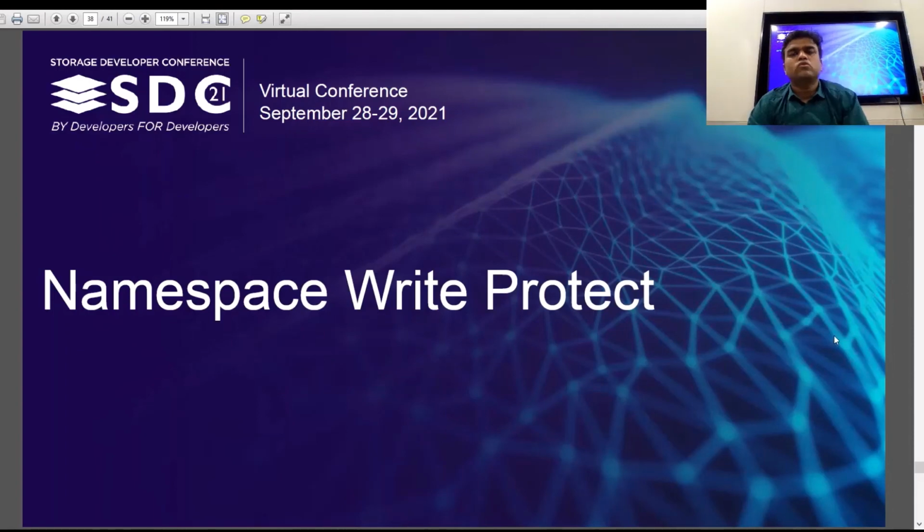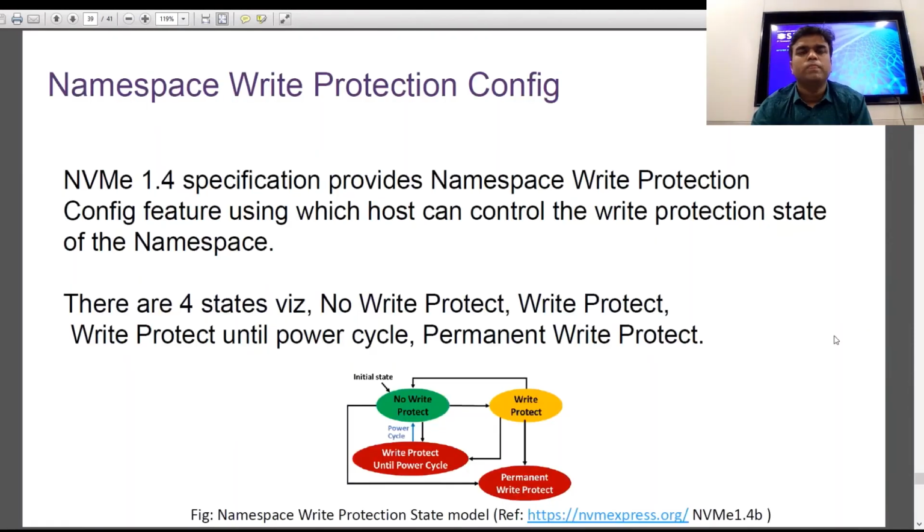Let's talk about the namespace write protect feature now. NVMe 1.4 talks about a new feature, a new FID, which is namespace write protection config. This is to control the write protection state of a namespace, as part of the set features command.